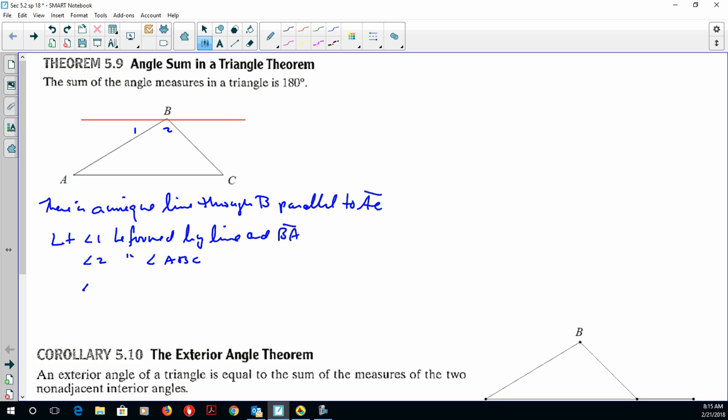And angle 3 be formed by the line and BC. So here's angle 3. Now we know that the measure of angle 1 plus the measure of angle 2 plus the measure of angle 3 is 180 degrees, because they are three adjacent angles, and the exterior sides form this line.